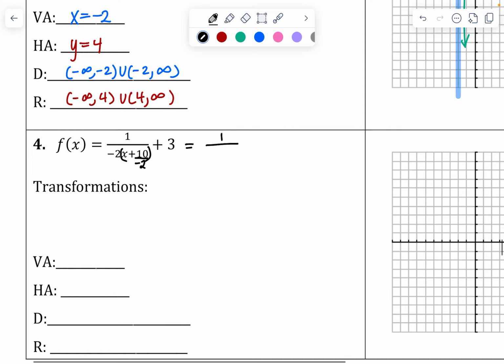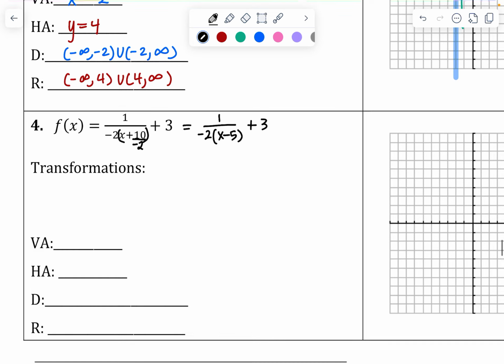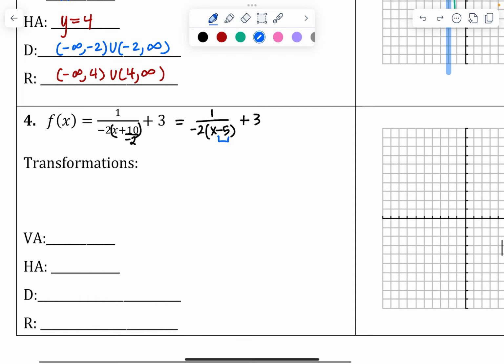Factoring out the -2 would leave me with an x minus 5. If you were to graph this function in a calculator, you would see that it's actually only moved right 5. It looks like left 10, but when you put it in the proper form by factoring out that -2, you'll see that it's actually right 5.